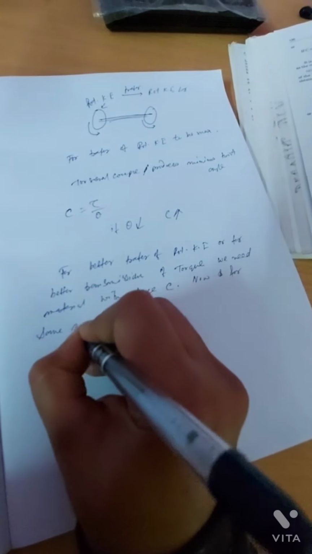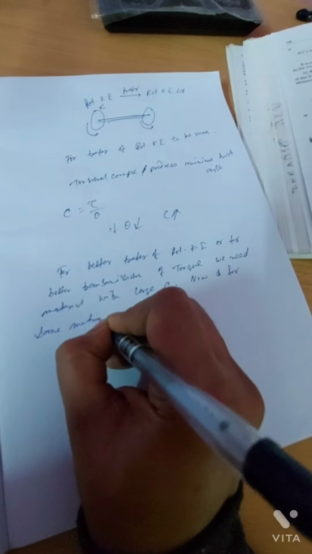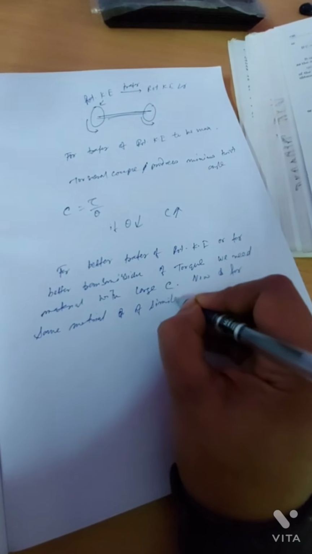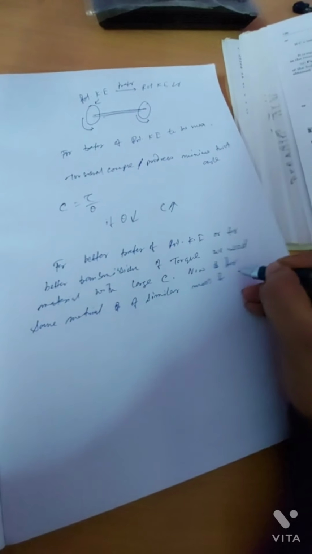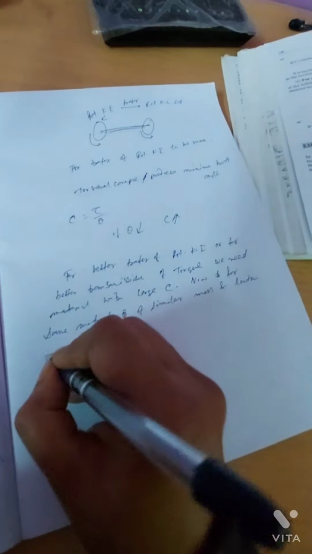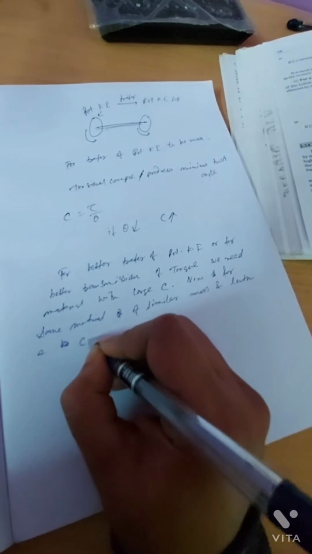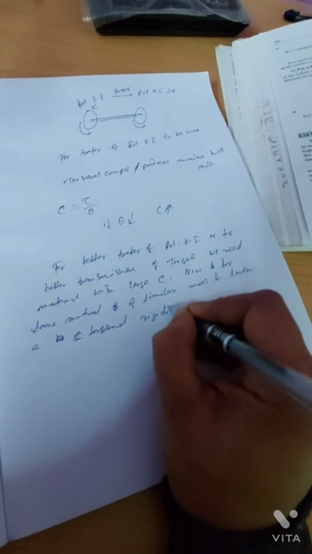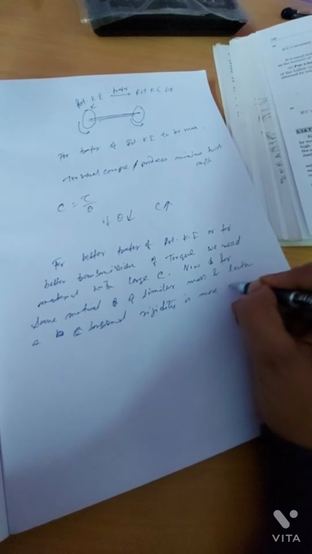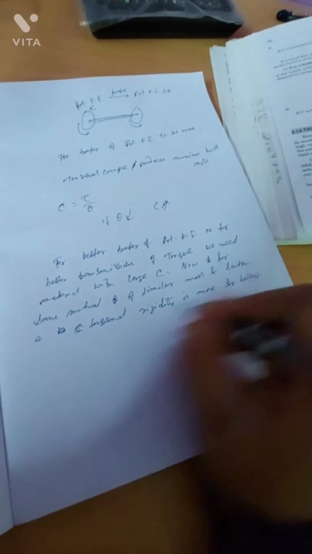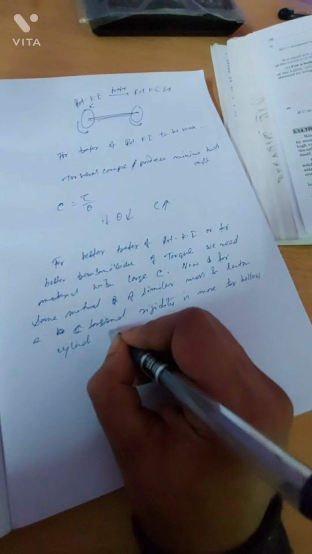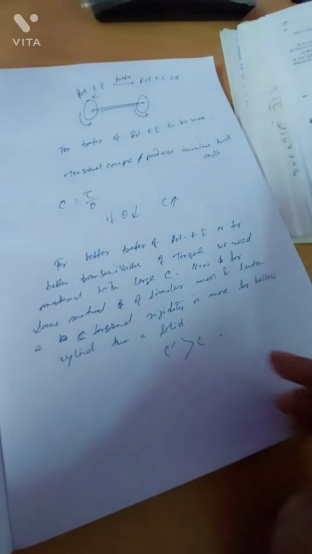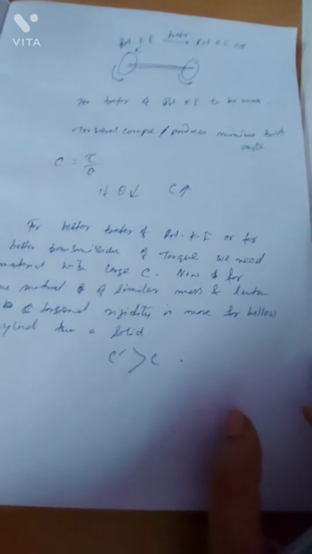Now for the same material of similar mass and length, torsional rigidity is more for a hollow cylinder than a solid one. C dash is greater than C. That's why we prefer a hollow cylinder for use in an axle.